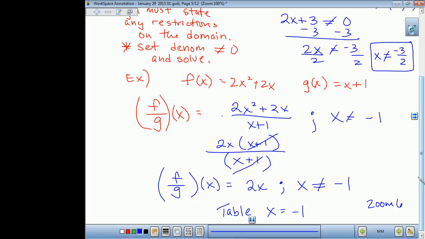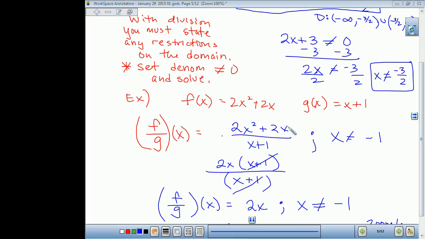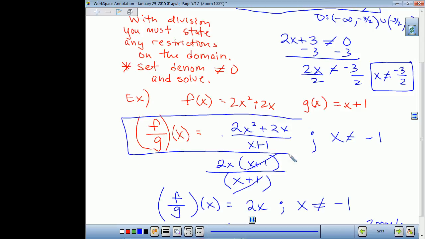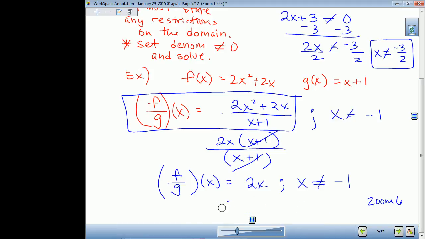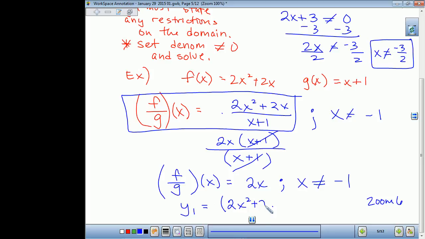Okay, now, what I want you to do is take out your calculator, and we're going to graph this, guys. Under y1, you're going to type in 2x squared plus 2x divided by x plus 1. And then I want you to zoom 6 and look at your graph.